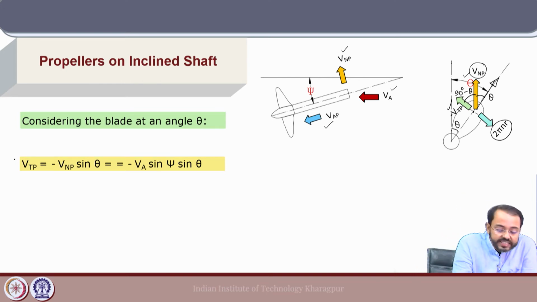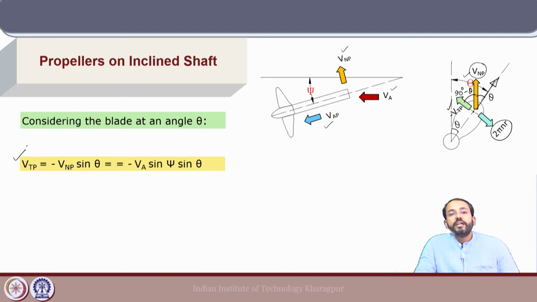So, we can say the tangential component VTP is minus VNP sin theta. The minus sign is because it is directed opposite to 2 pi nr for this particular location of the propeller blade.